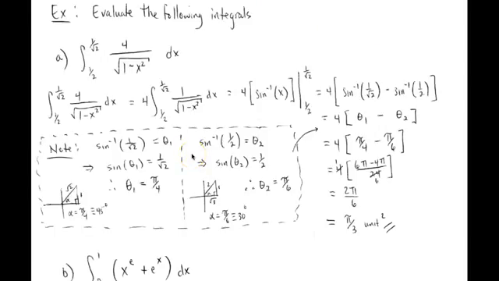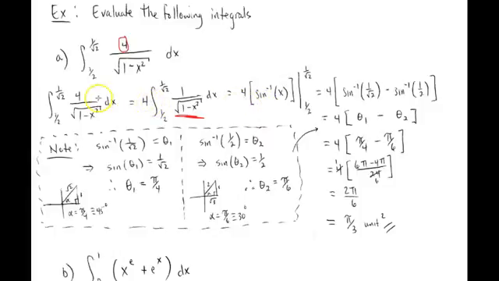All right, so for our next example, we now have 4 divided by the square root of 1 minus x squared dx, and that is being evaluated from 1/2 to 1 divided by the square root of 2. Okay, and so here, if we pull out the 4 that's here, factor that out, and we just have this left, you'll recognize that 1 over square root of 1 minus x squared is the derivative for inverse sine, or arc sine.